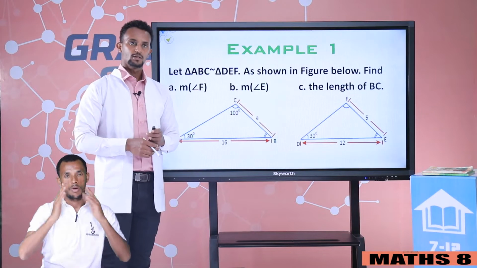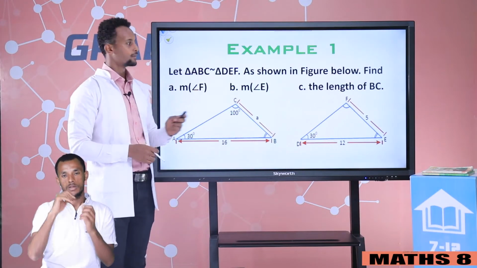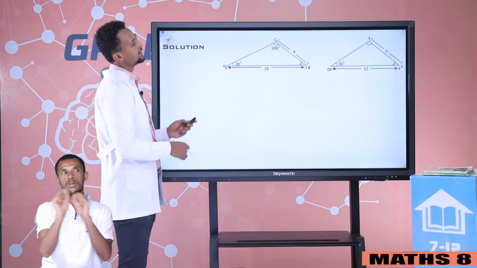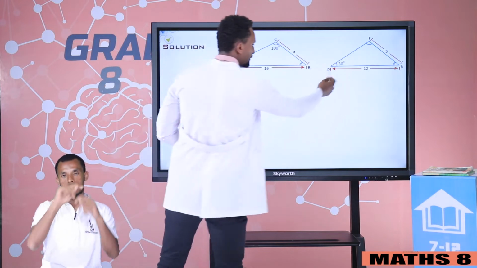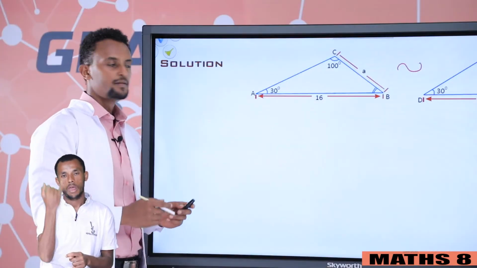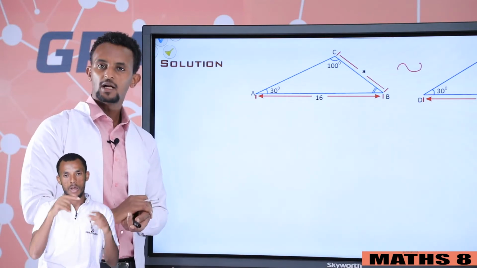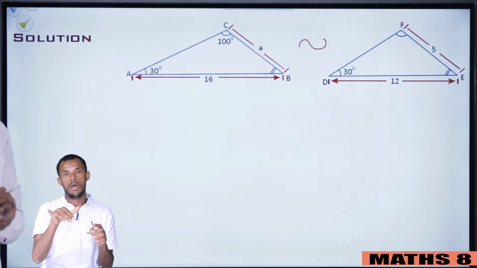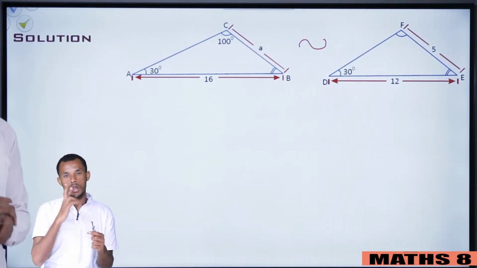Very good, students. Hope you tried well. So, let's do it together. The solution says, in the figure, triangle ABC and triangle DEF are similar. If they are similar, their corresponding angles are congruent and their corresponding sides are proportional.